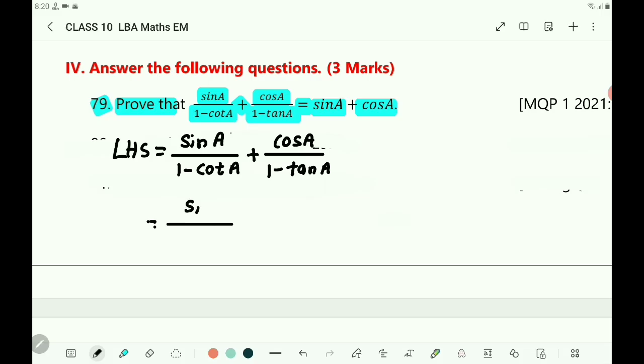Write sin A as it is. In the denominator, 1 minus cot A is 1 minus cos A by sin A, plus cos A by 1 minus tan A is sin A by cos A.